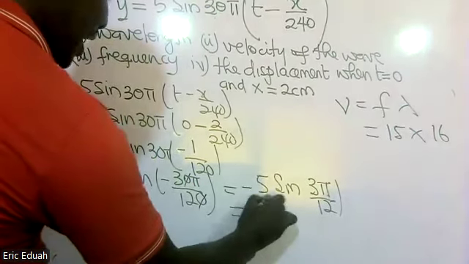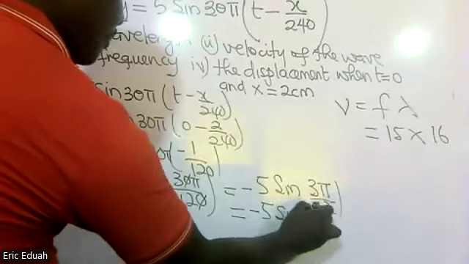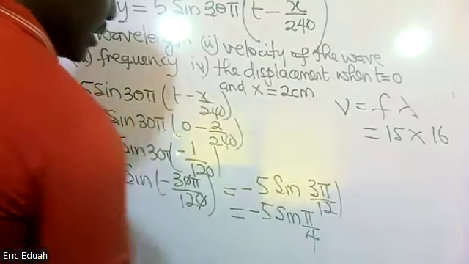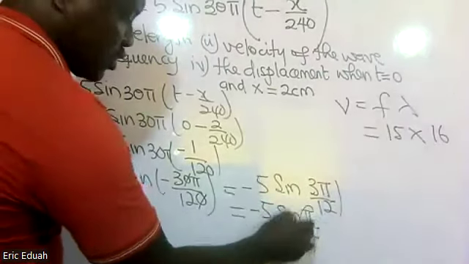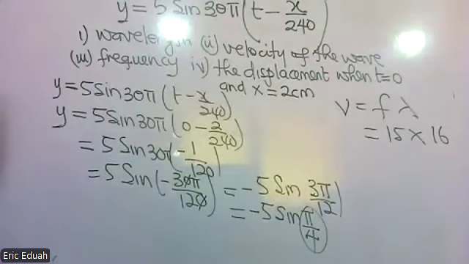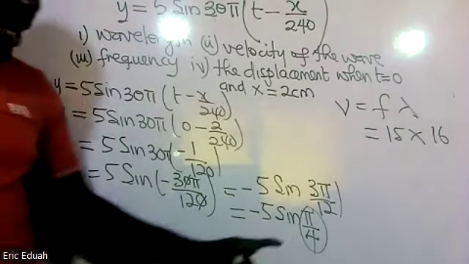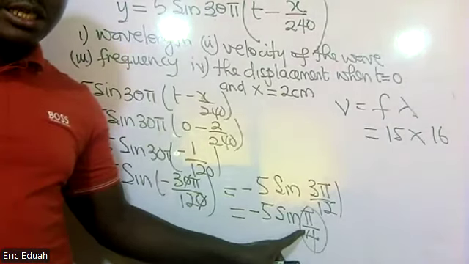Actually that gives minus 5 sine pi on 4. So any value in front of sine is an angle in radian. That is why this is even expressed as pi.